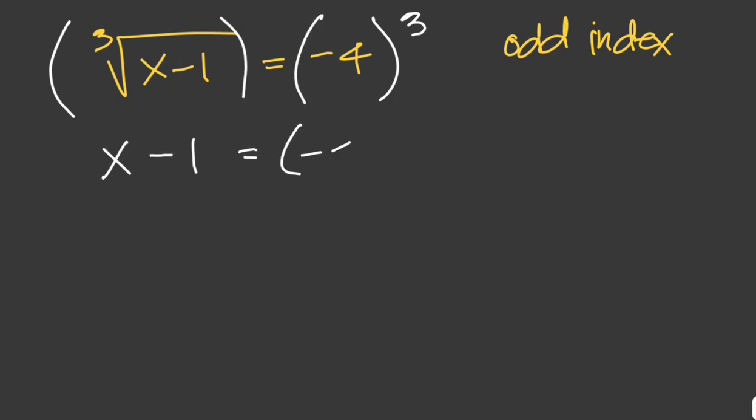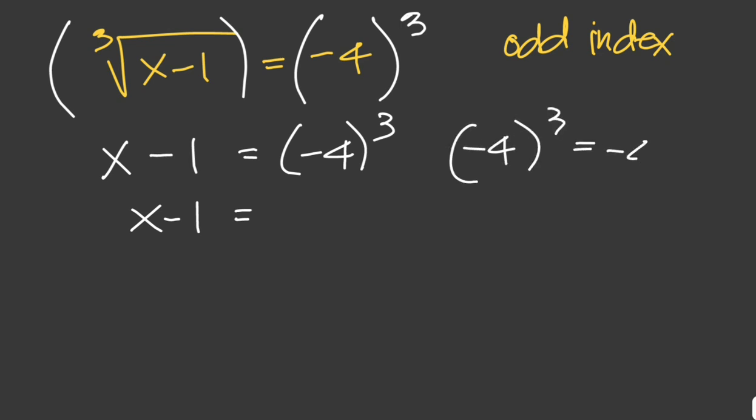Then we have negative 4 cubed. Then x minus 1 equals negative 4 cubed, which is negative 4 times negative 4 times negative 4. Negative 4 times negative 4 is positive 16. Then positive 16 times negative 4 is negative 64.